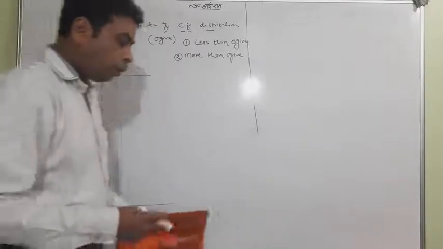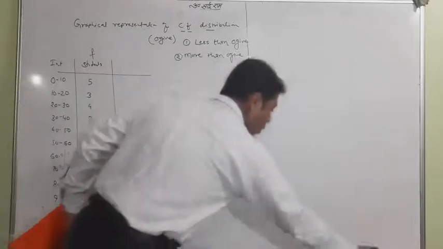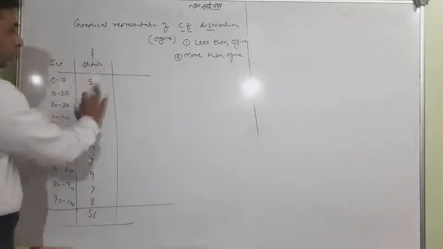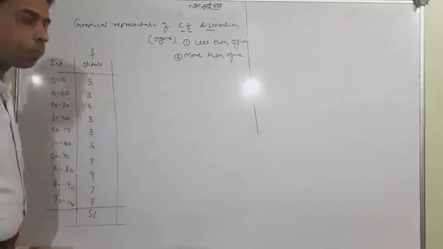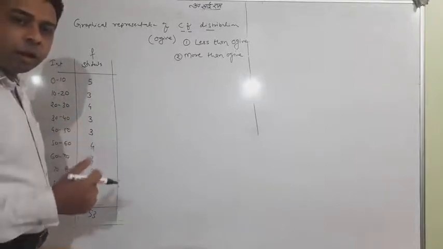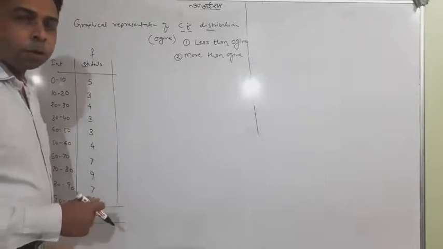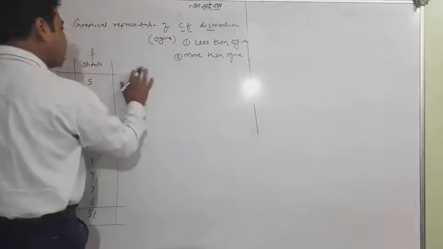Now what I want to share here, look at this. This is the interval and these are the students. I want to convert this interval into less than and more than type language. First of all, I'll go with the more than type concept.